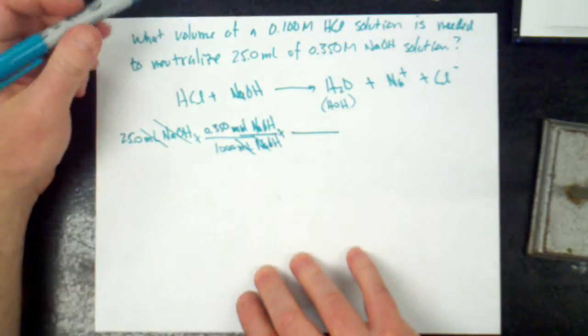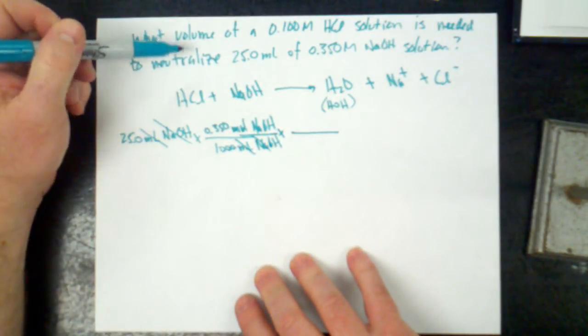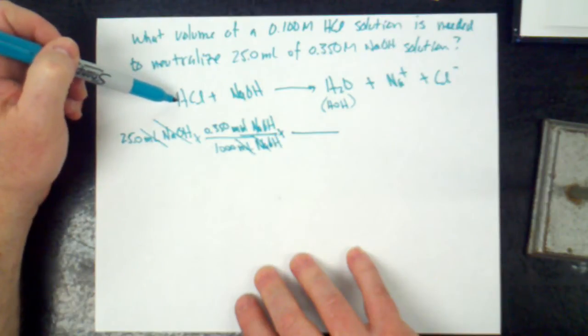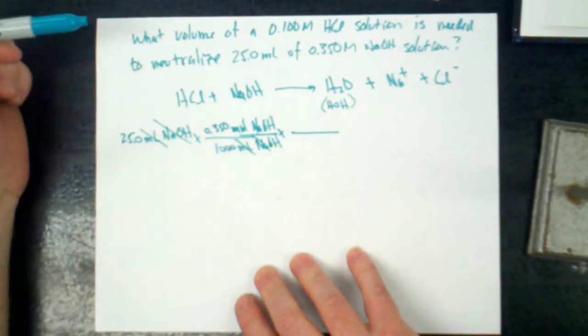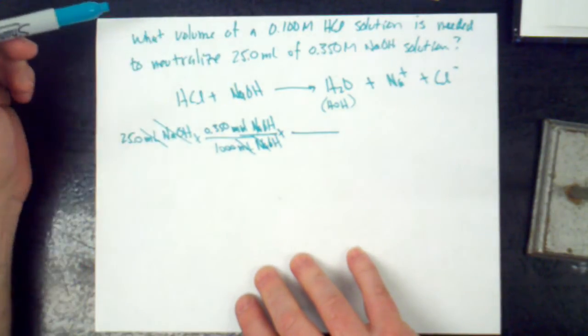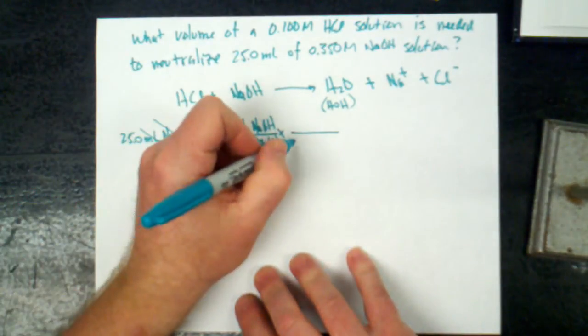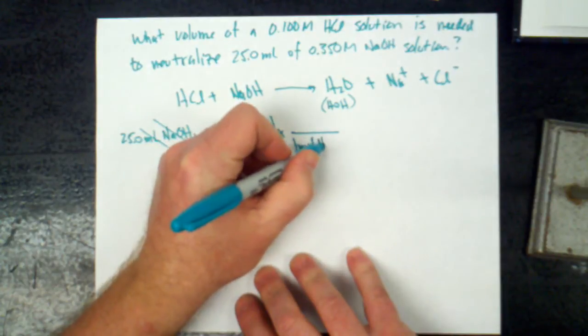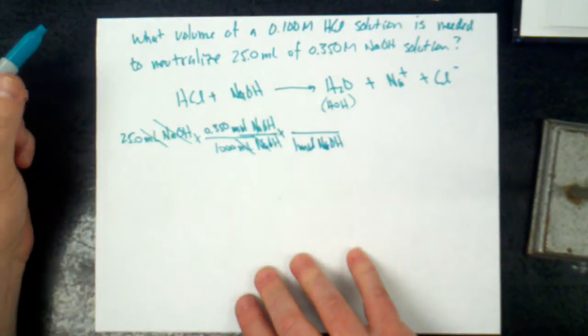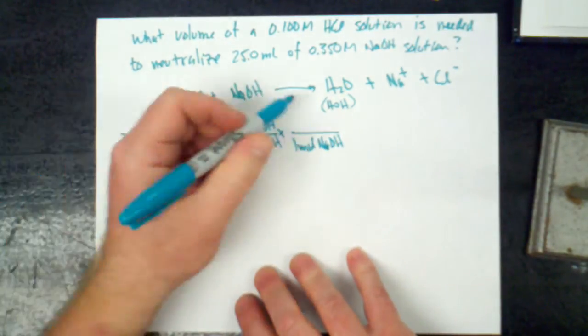Now we know from our reaction here that the moles of hydrogen ions have to equal the moles of hydroxide ions. So therefore we have 1 mole of NaOH for every mole of HCl.